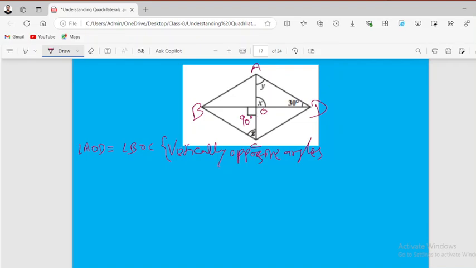So angle AOD is x degrees, and this is 90, so the value of x is 90 degrees.